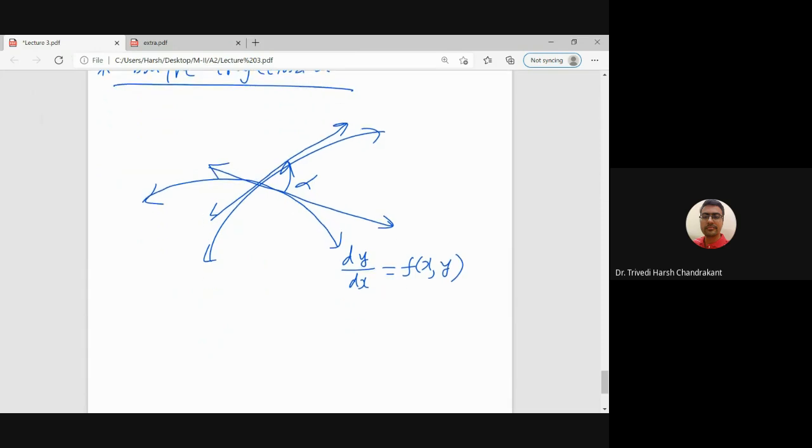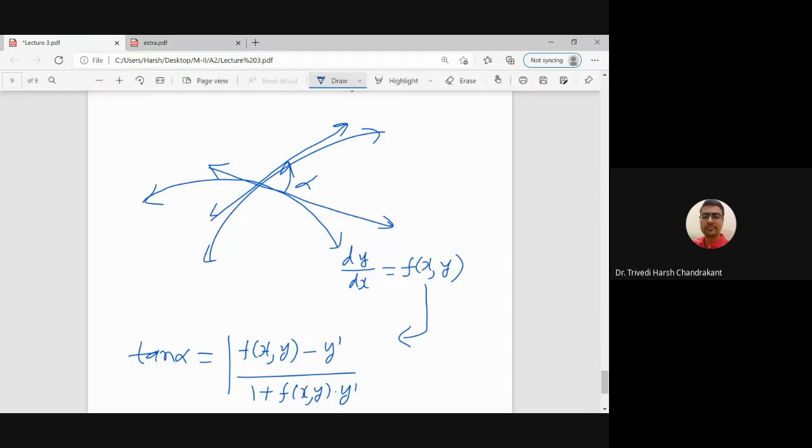So what we will do here is we will use this equation and substitute it in the equation of tan alpha. So instead of m1, we will substitute f of xy. Instead of m2, which is nothing but the slope, we'll keep it as it is, y dash, and then we will get 1 plus f of xy into y dash.